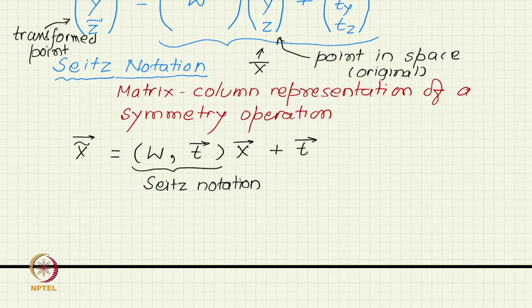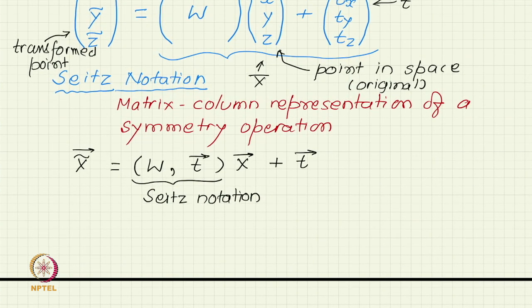And the meaning of this is, as you have seen, sorry, I made a mistake here, let me correct it. So, for the Seitz operator, I should not write it as plus t. I will write that the Seitz operator W t is acting on x to give you x tilde.